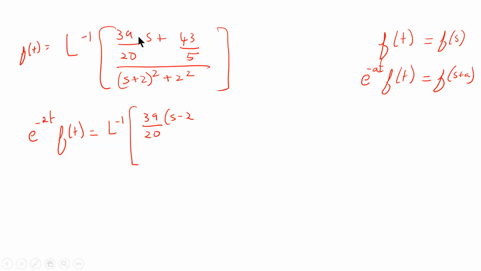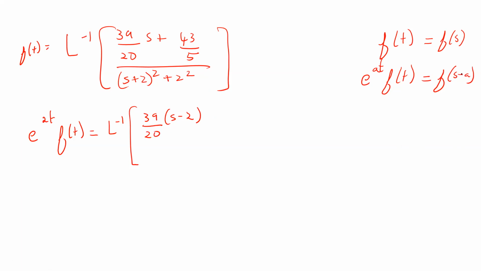So now coming back here, I replace s by s minus 2, because I'm going to multiply by e to the power 2t. So if I'm multiplying by e to the power at, I replace s by s minus a.